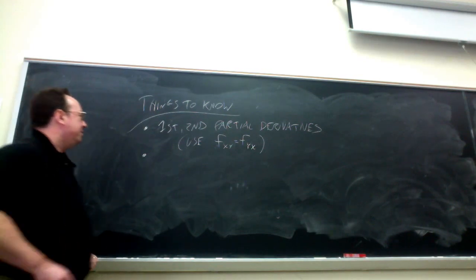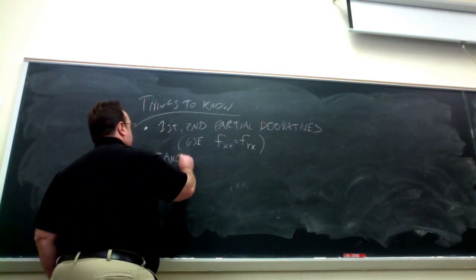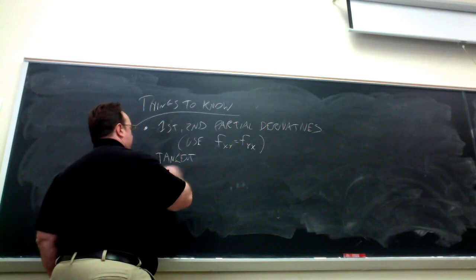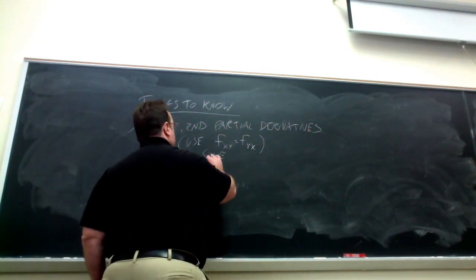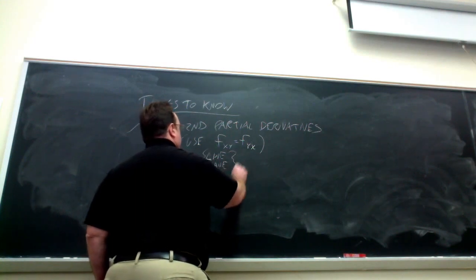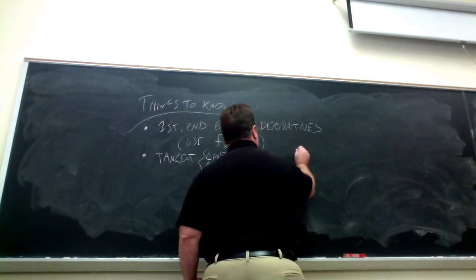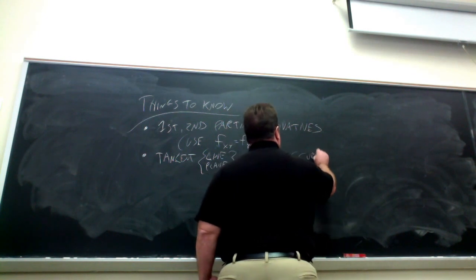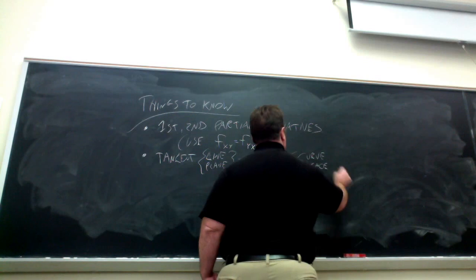Now, the next kind of task is finding the equation of a tangent line or plane to a level, like a tangent line to a level curve, or a tangent plane to a level surface.